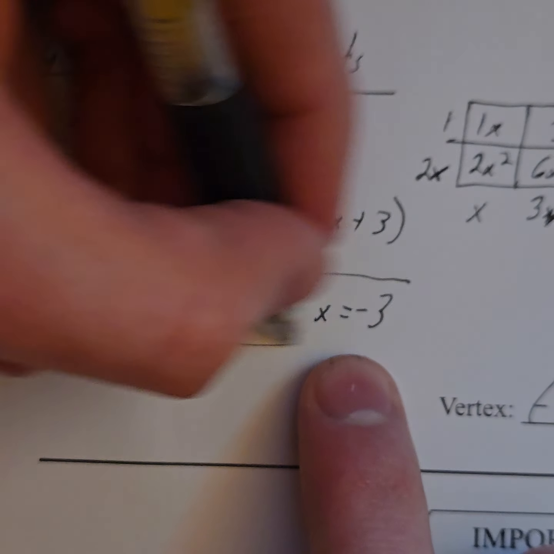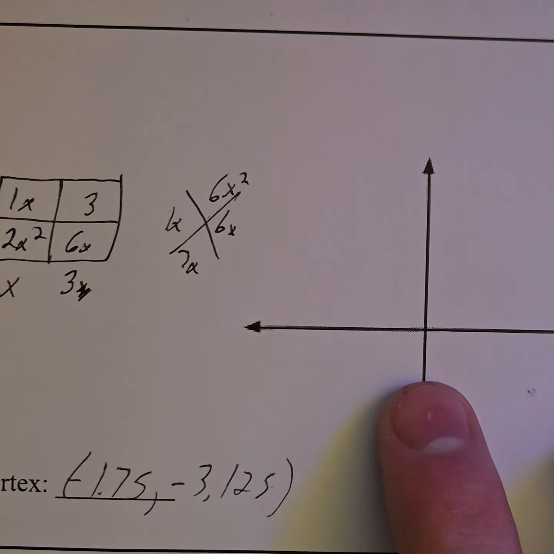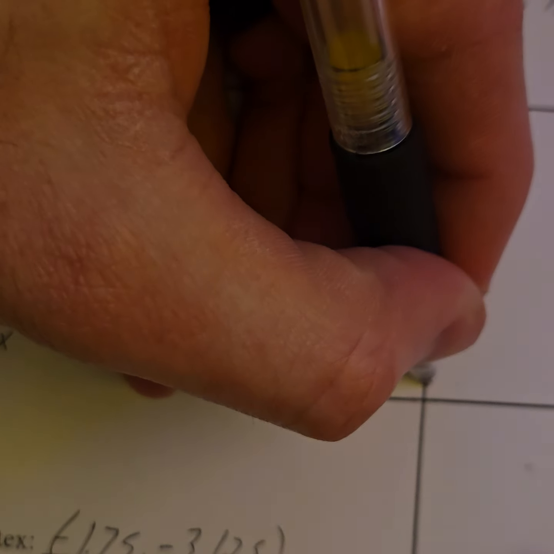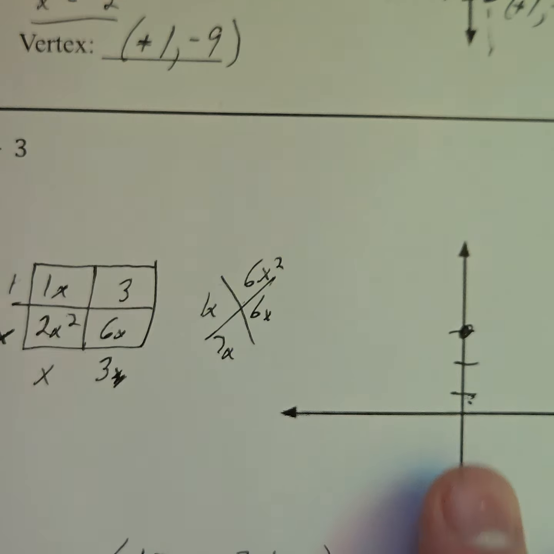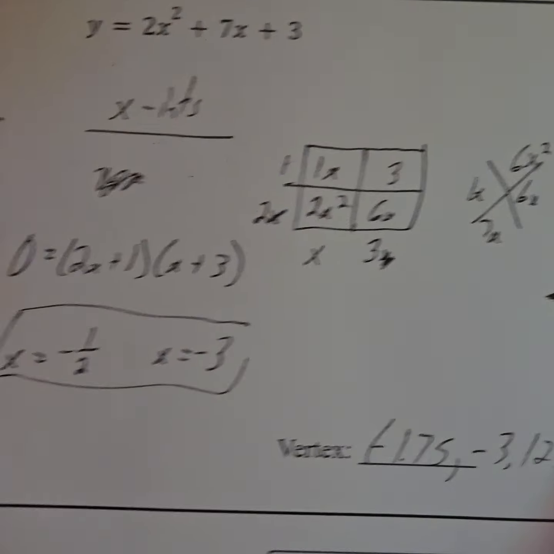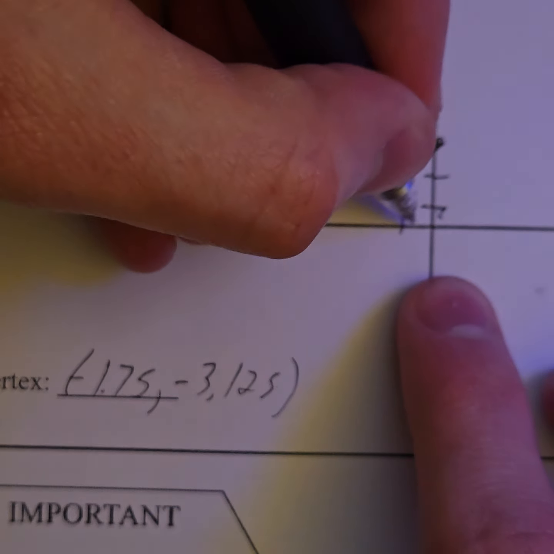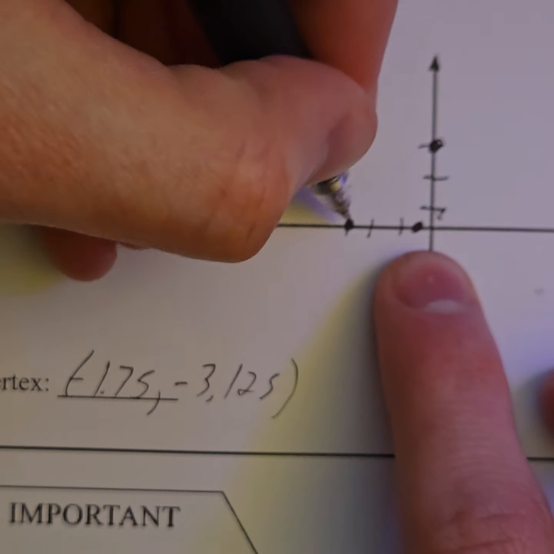So there's our x-intercepts, there's our y-intercept. So if we plot our points here, we've got the point at 3. So let's go 1, 2, 3. There's our y-intercept from this number right over here. And then our two x-intercepts are at negative 1/2 and negative 3.